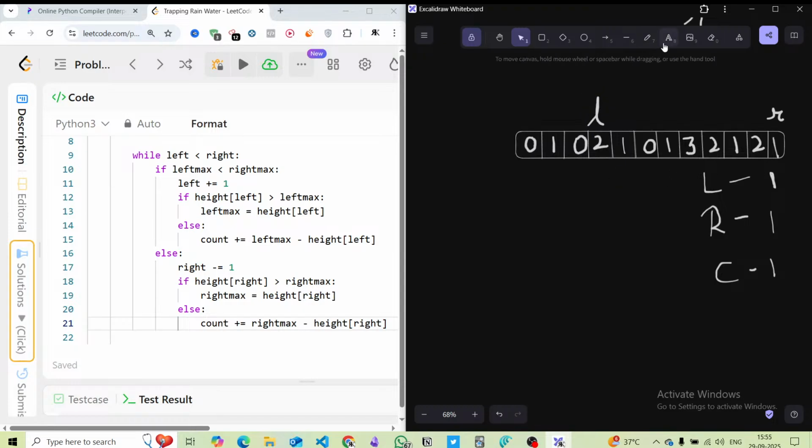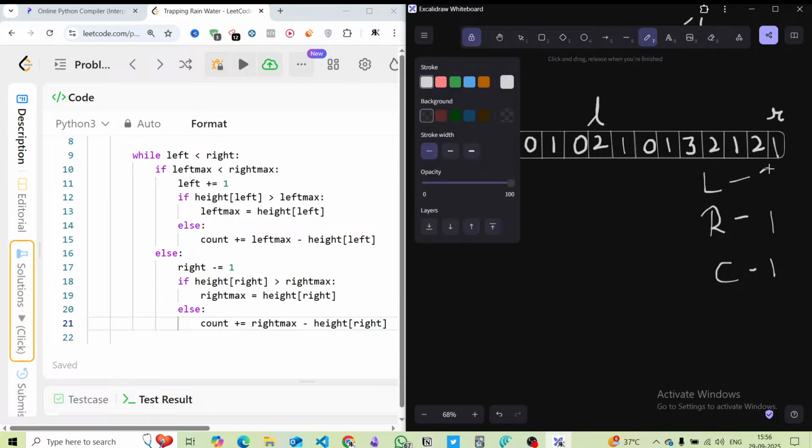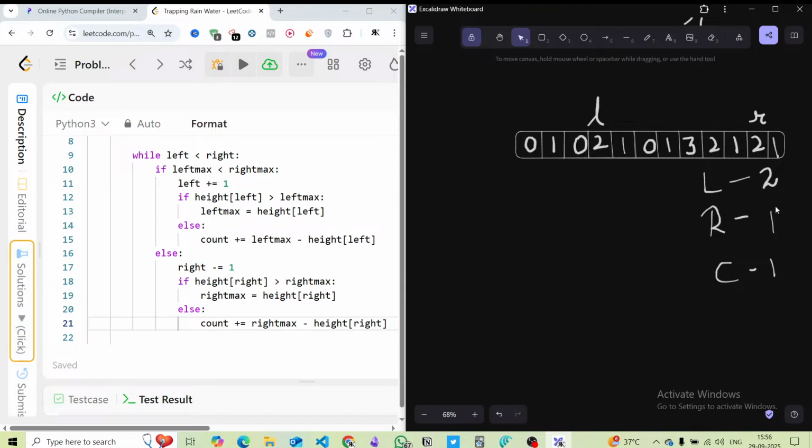So this will be greater than left max. So we just update left max. Okay. So after that, again the condition is left max less than right max. Here the condition broke. Now we need to decrement the right one. Okay. So after moving right, we check whether the new value is greater than right max.